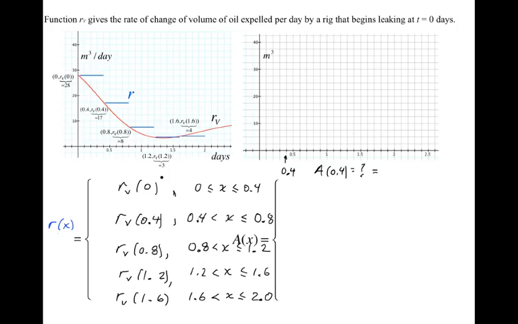Back to this question. You said A at 0.4 was 0.4 times R sub V of 0. Can I put the R sub V of 0 first? Sure. And what idea is that about? Yeah, that's MDX, right? So I want to know how much we've accumulated by 0.4. I've got a constant rate, and then the change in x.